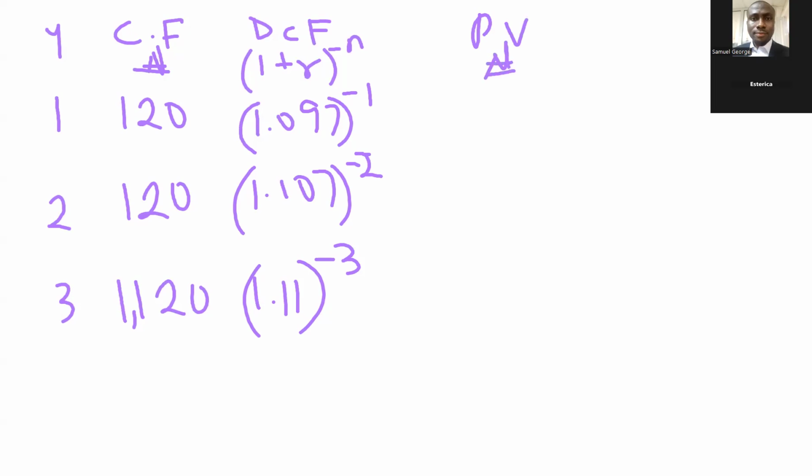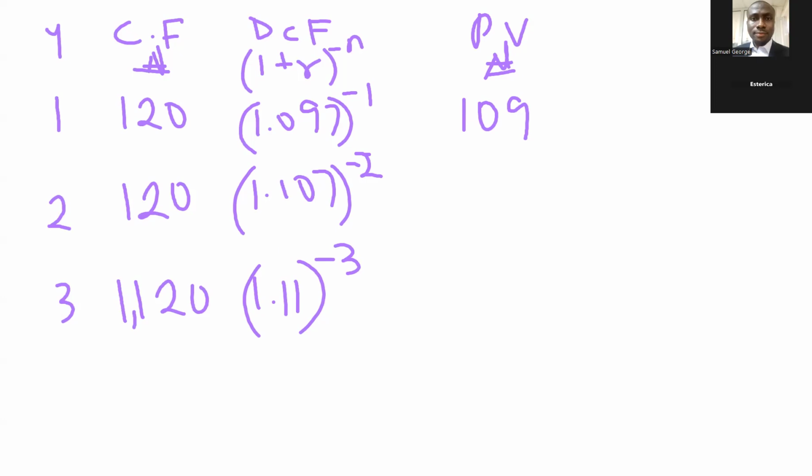So what is going to be our present value in Naira? Year 1, I'm going to do 1.097 raised to power minus 1 equals this, multiply by 120. I have 109 approximately. All right, 1.107 raised to power minus 2 is this times 120 again.